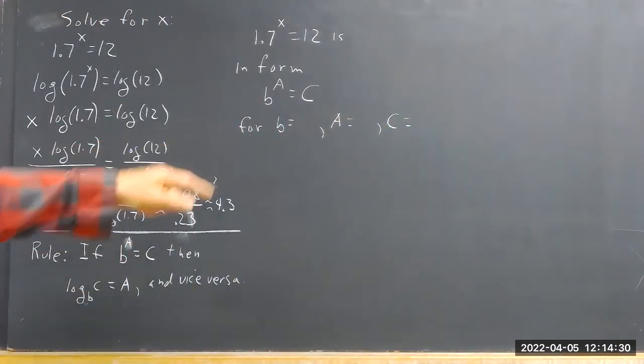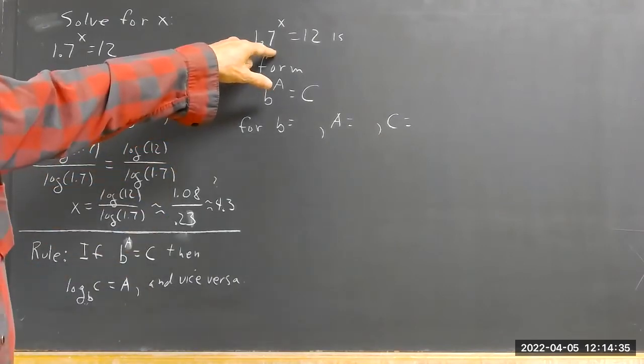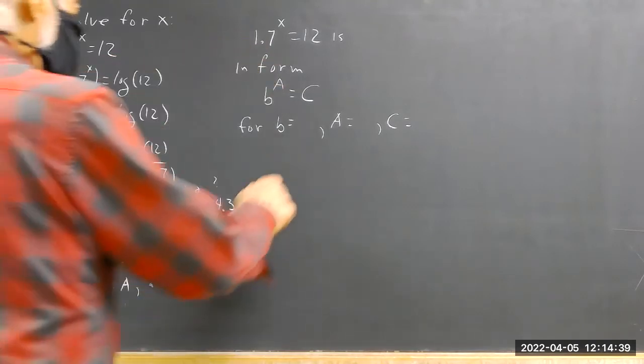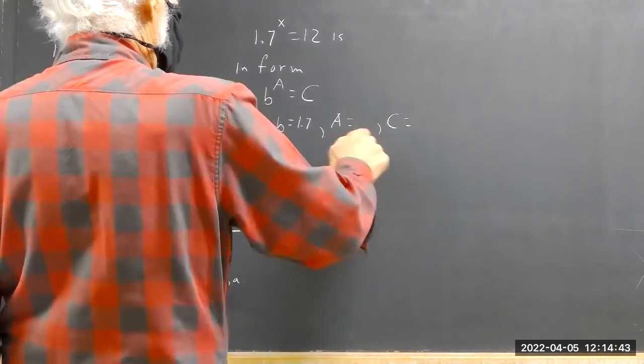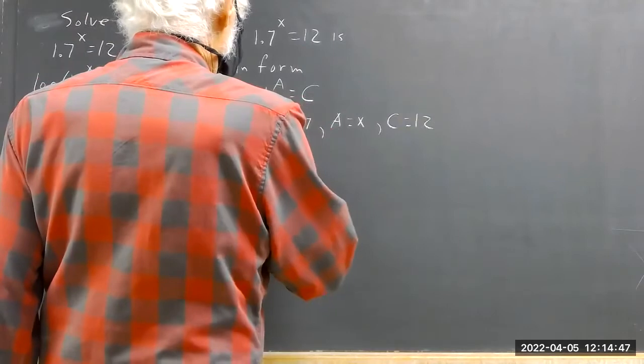Well, what's b? B is the 1.7, right? A is x and c is 12.